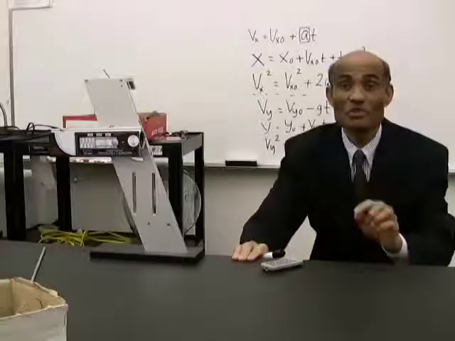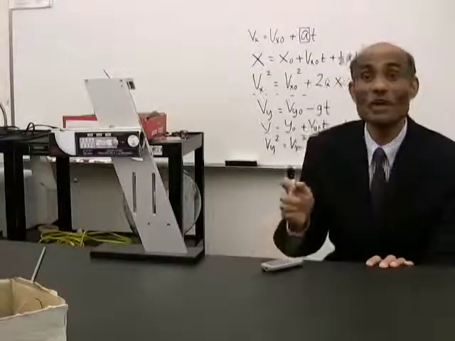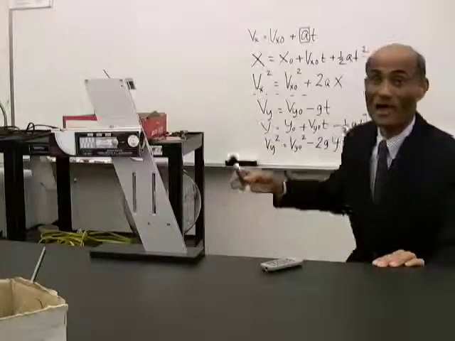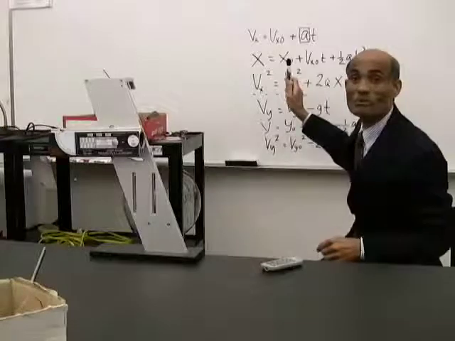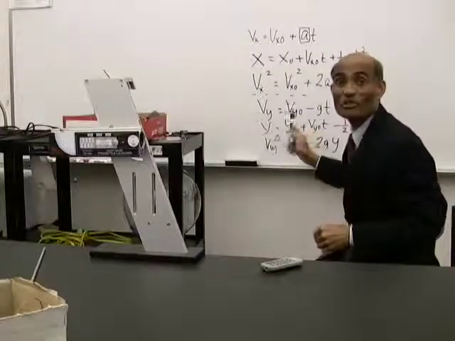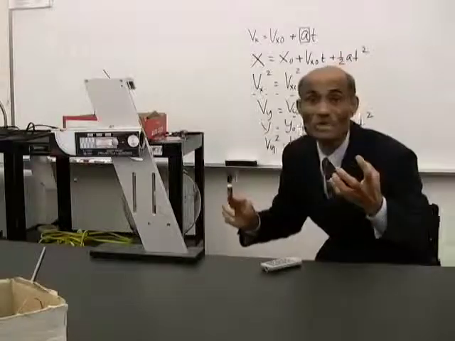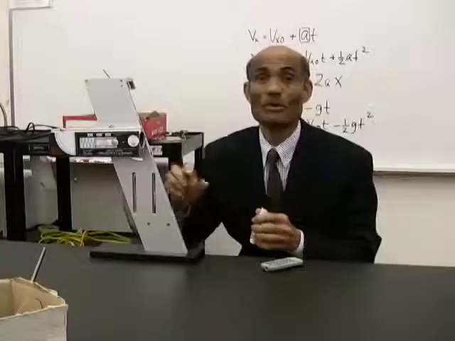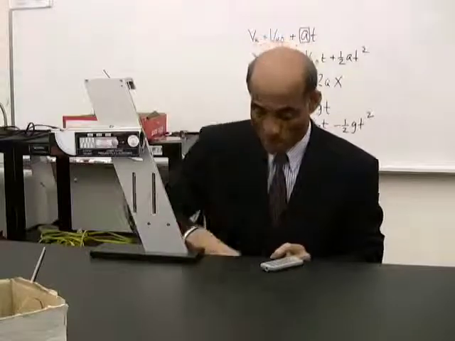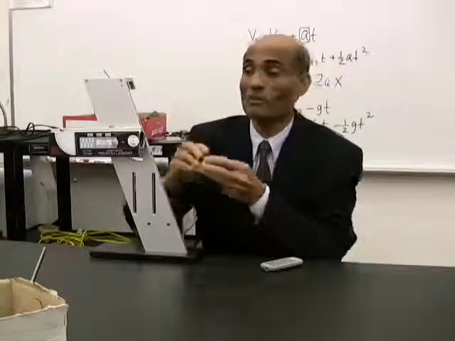Well, in this lesson, we are going to look at motion in 2 dimensions. That means an object will be moving in the x direction as well as in the y direction simultaneously. Now, look at the gun I have here. I can actually project a ball from this gun.